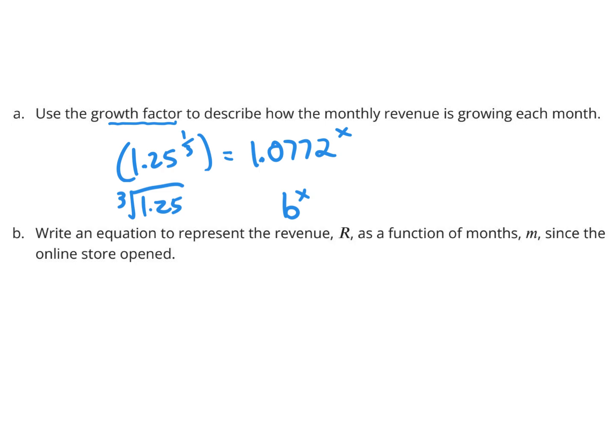Now, write an equation to represent the revenue as a function of months. So we can write it 4 ways. We can write 72 times 1.25 to the X over 3.